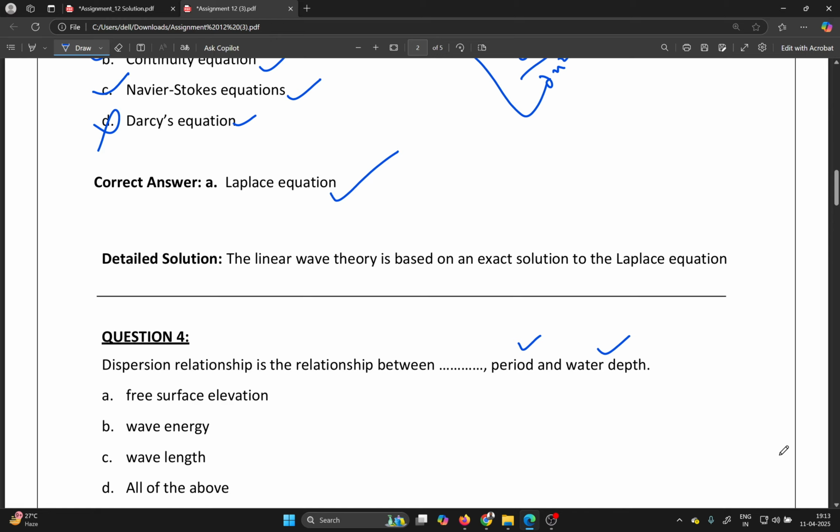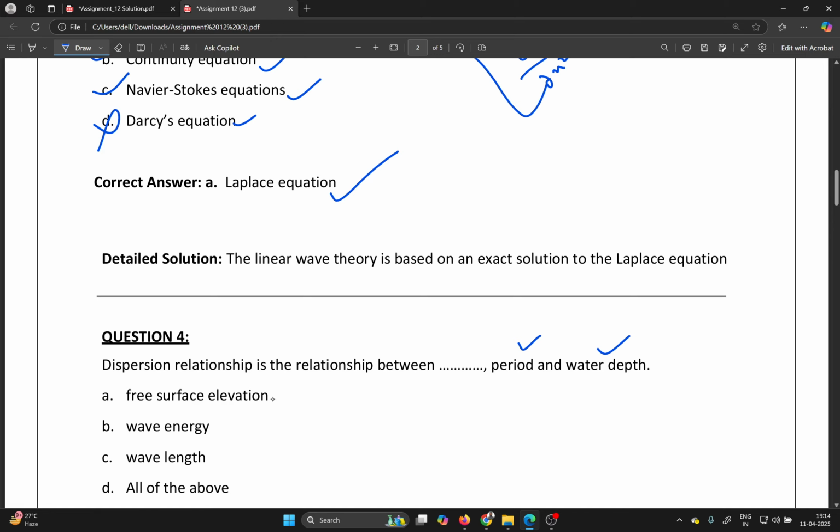So dispersion relationship is the relationship between whether wavelength, period and water depth, whether wave energy, period and water depth, or whether free surface elevation, period and water depth.